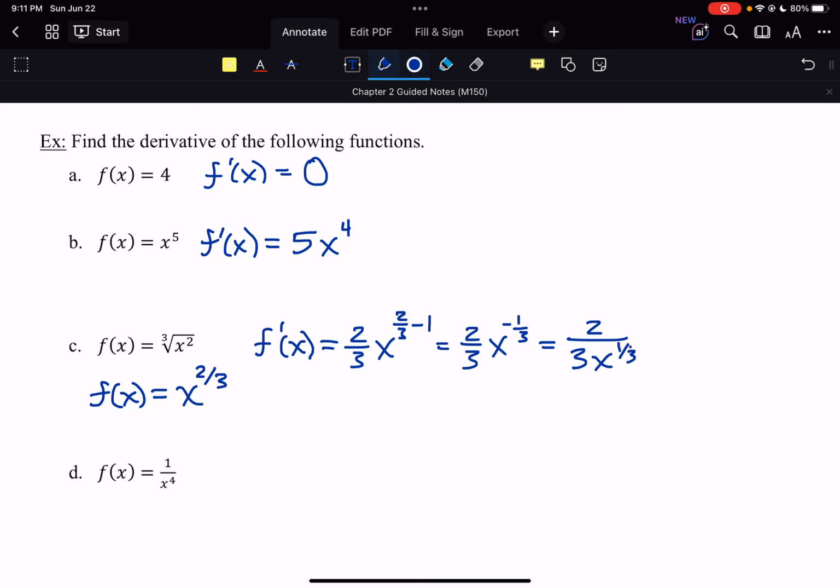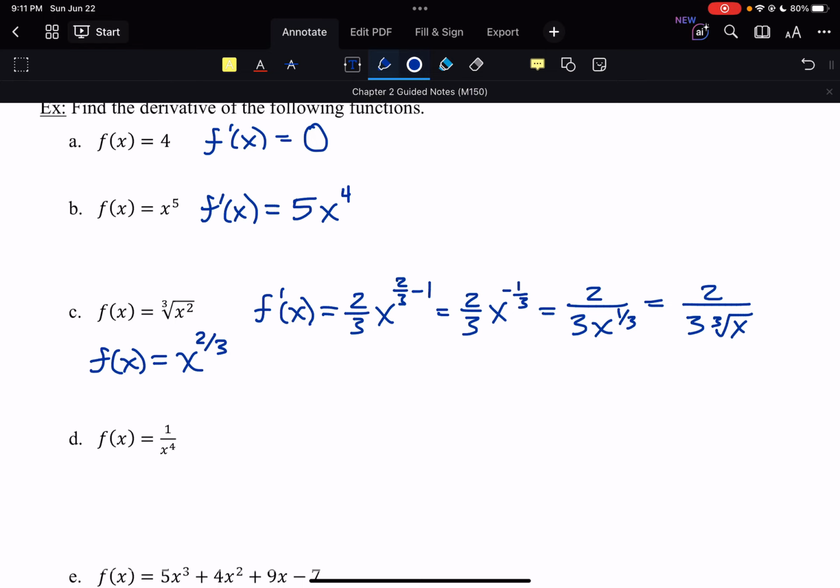And then the 1/3 power, again, is the same thing as the cube root. So we can go ahead and change this. This is 2 over 3 times the cube root of x. And that would be our derivative. Okay, so not quite as obvious looking as 5x to the 4th. But it behaves the same way, and that's the important takeaway here.